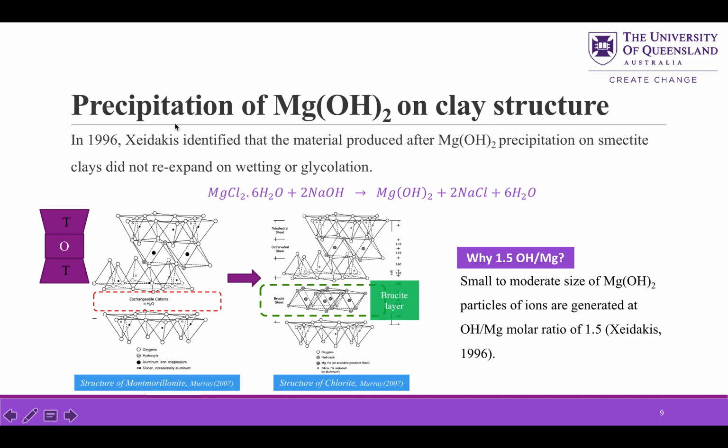Zaccheus was one of the first persons to report that magnesium hydroxide precipitation on smectite resulted in swelling inhibition of smectite clay mineral.